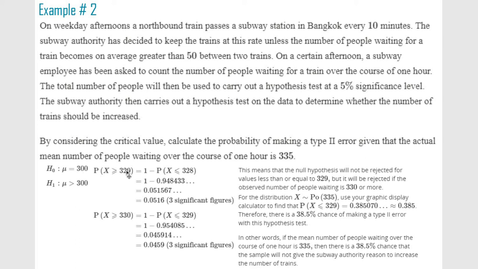Using that information, we found that at 329, it didn't make the 5% significance level, but at 330 it did. So we want to keep it less than or equal to 329.